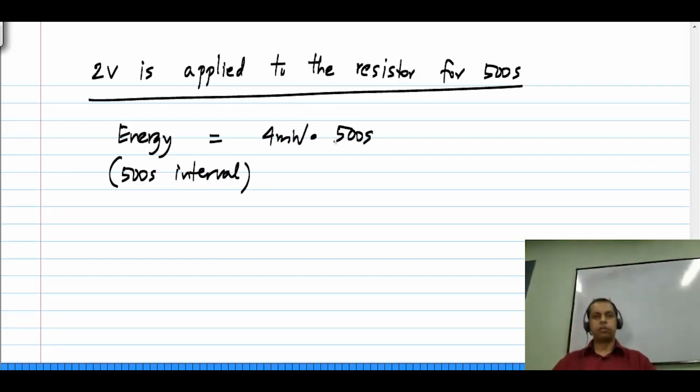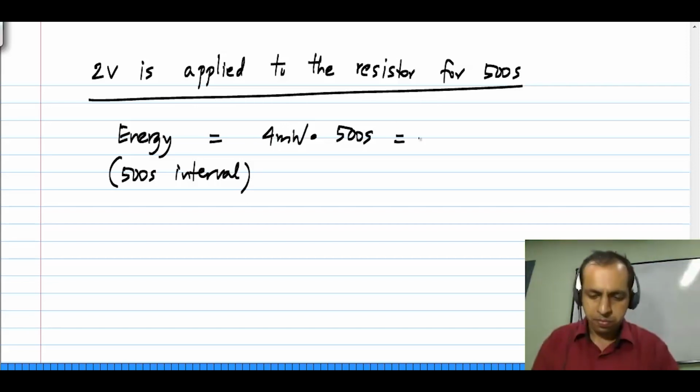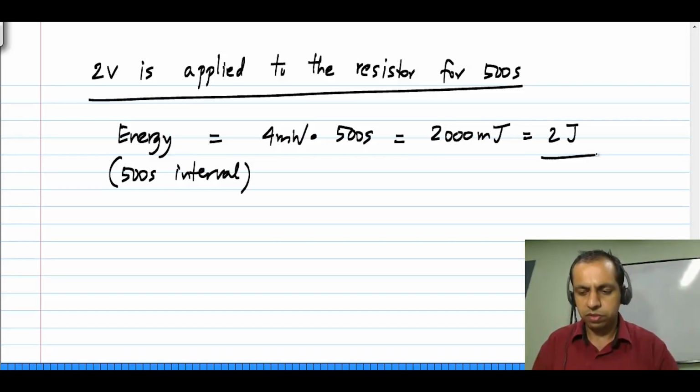We have applied a constant voltage, so we just have to multiply the power by the time interval. If the voltage were time varying, the power would be time varying, and you would have to integrate it over this time interval. This will turn out to be 2000 millijoules or 2 joules of energy.